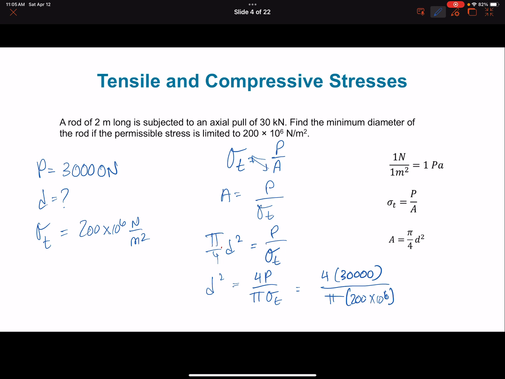And that gives me a diameter squared of 1.91 times 10 to the minus 4th. So that would be meters squared. And we want to take the square root of that to get D. So D then equals 1.38 times 10 to the minus 2nd meters, or 1.38 centimeters.